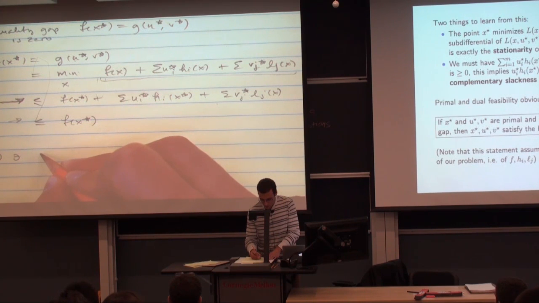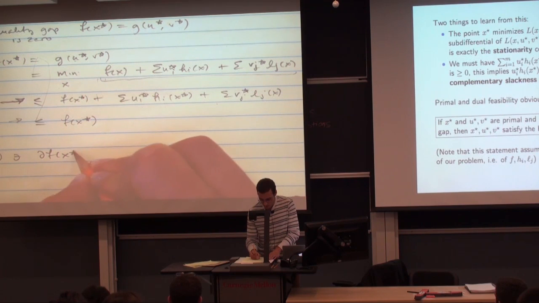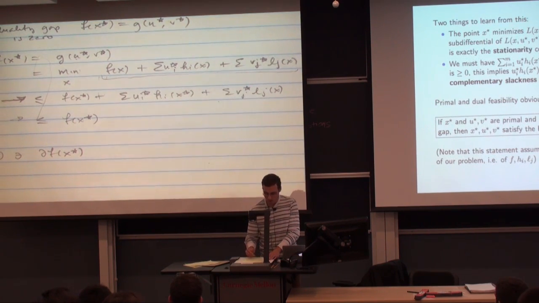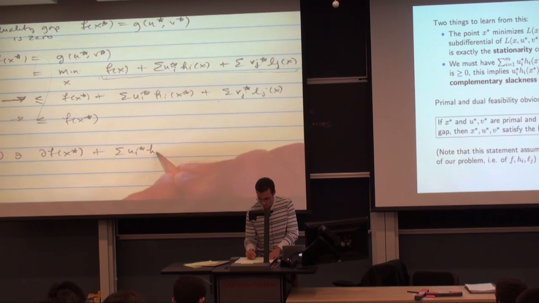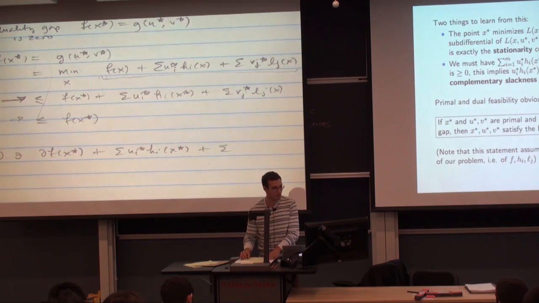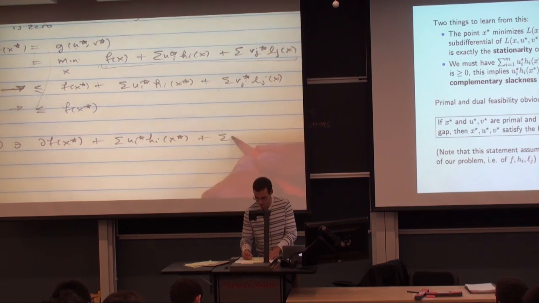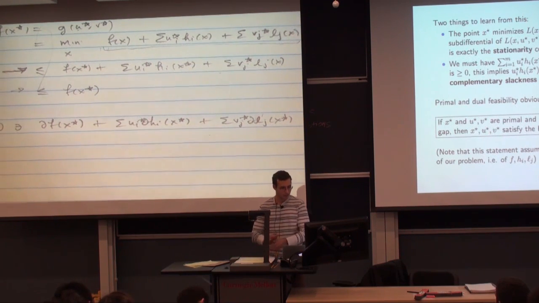It's that at x star, I'm going to have a 0 subgradient, if I'm taking a subgradient with respect to x of all these functions. Important to remember. Okay, so that's exactly the stationarity condition. So we've just proved stationarity.